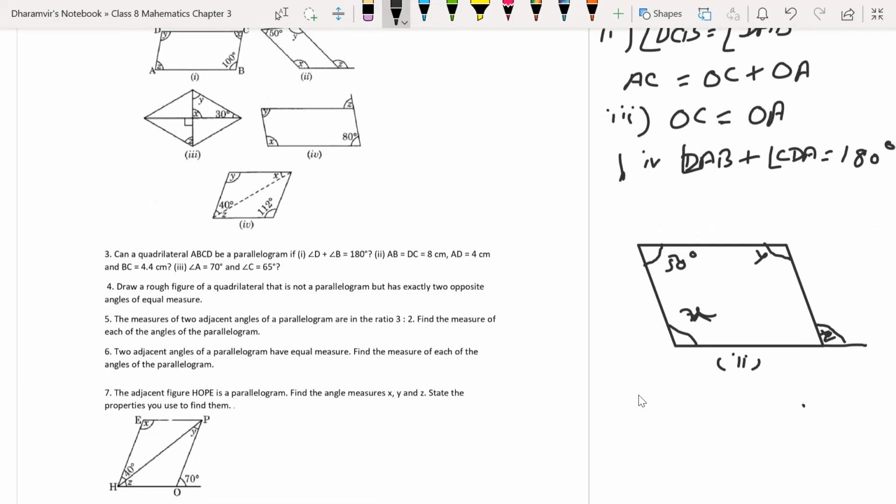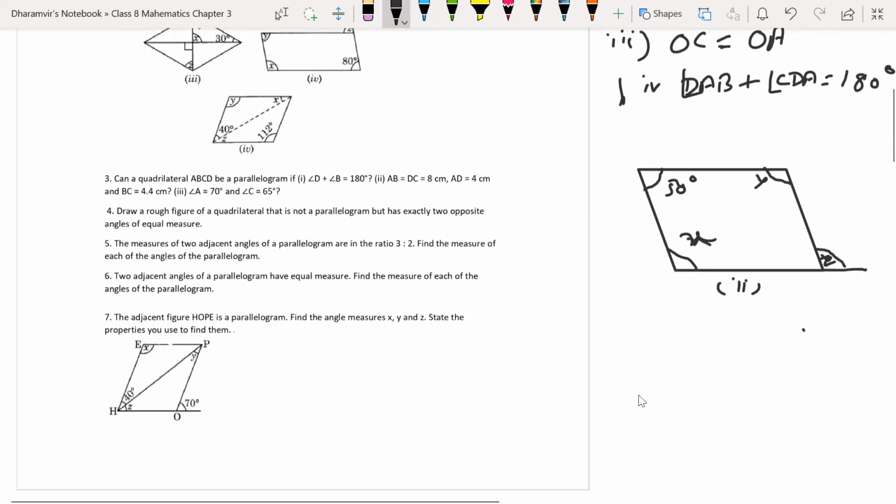Again, here we also apply the properties of the parallelogram. Opposite angles are equal and adjacent angles are supplementary. What we can calculate from this? We can calculate measures of those unknown angles. Now, adjacent angles are supplementary. It means X plus 50 is equal to 180 degree.